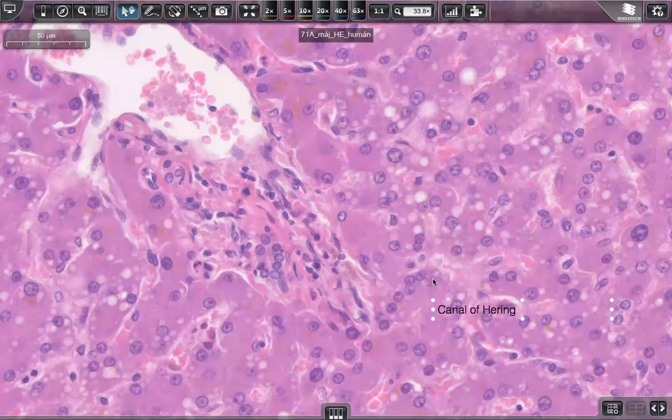Could you please point? There. So this is the wall of it. How does this not look different than the rest of the hepatocytes in the area? How do you tell they look different? Look at the nuclei of the cells. The hepatocytes usually have bigger nuclei, and we can see a huge cytoplasm there. Look at that.